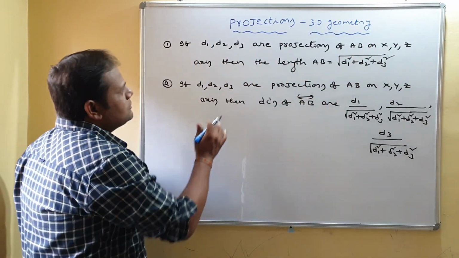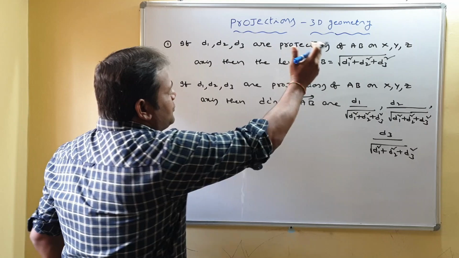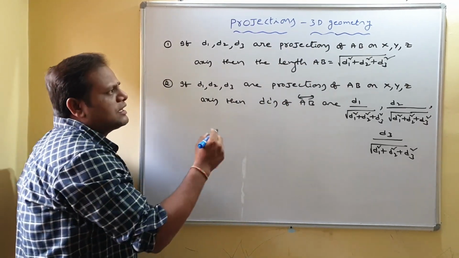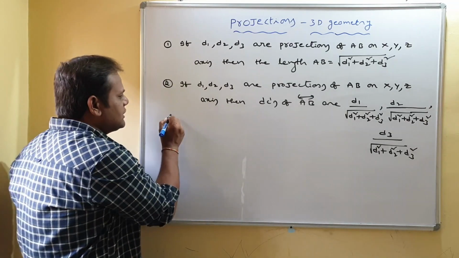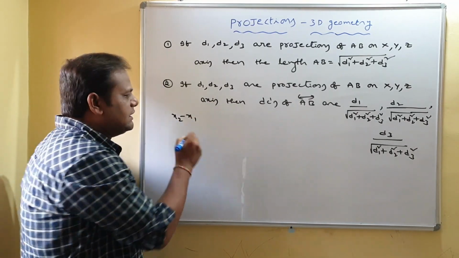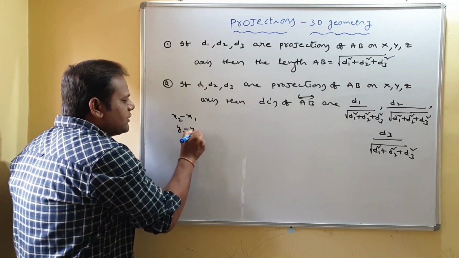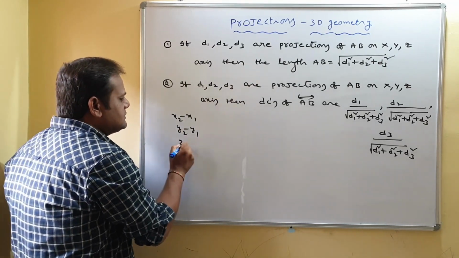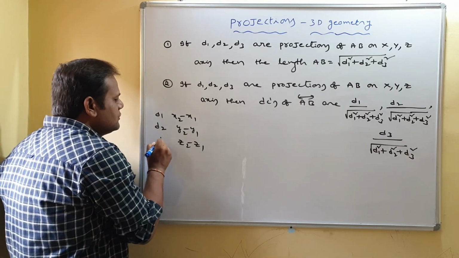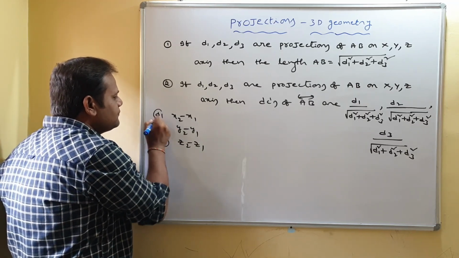You know that d1, d2, d3 are projections of AB on the xyz axes: the projection of AB on the x-axis is x2 minus x1, on the y-axis y2 minus y1, and on the z-axis z2 minus z1. So this is d1, this is d2, this is d3.